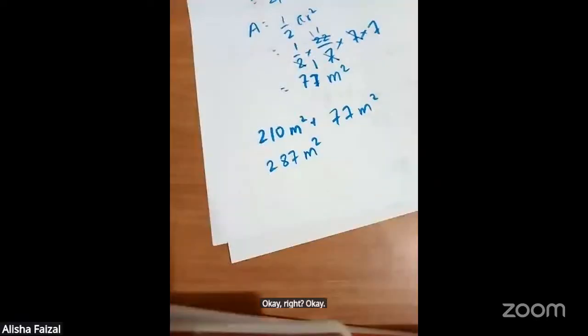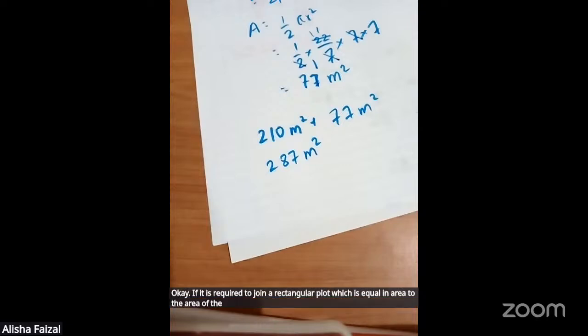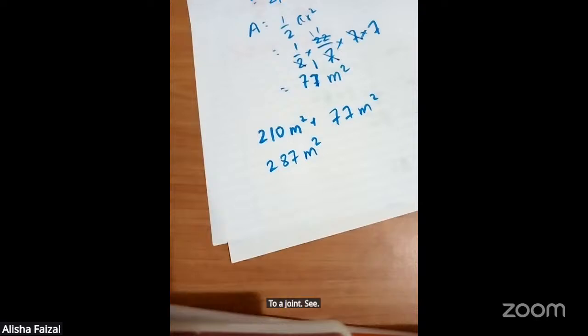Okay. Last part of the question. If it is required to adjoin a rectangular plot which is equal in area to the area of the portion allocated for lawn. See, last time also we saw one thing: they fix another piece.